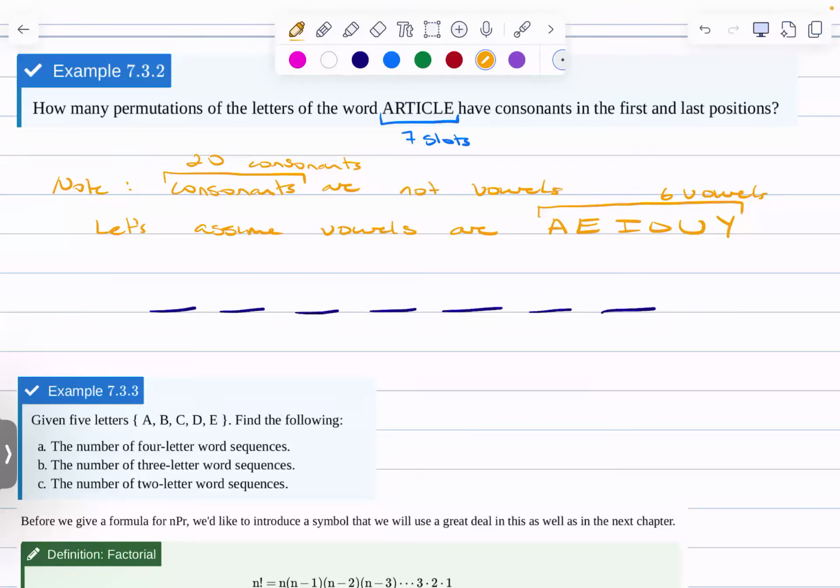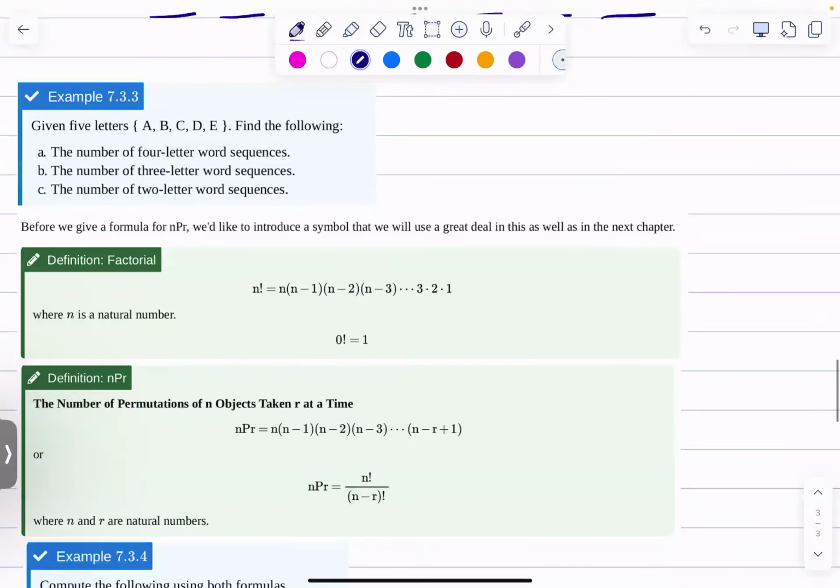How many vowels and consonants do we have in article? I guess I will need more space here.